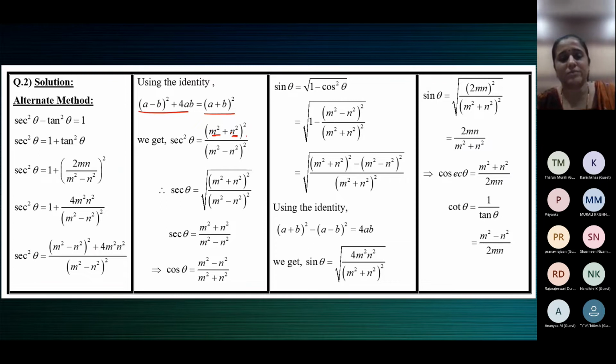A plus b is m square plus n square, the whole square. And the denominator stays as it is.